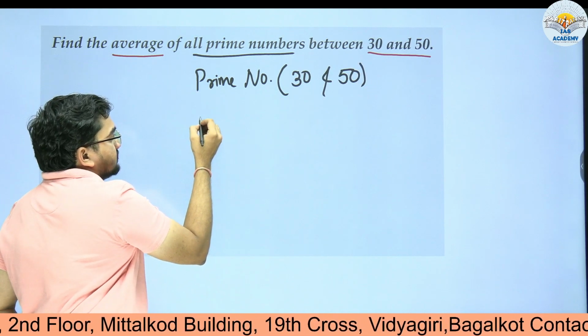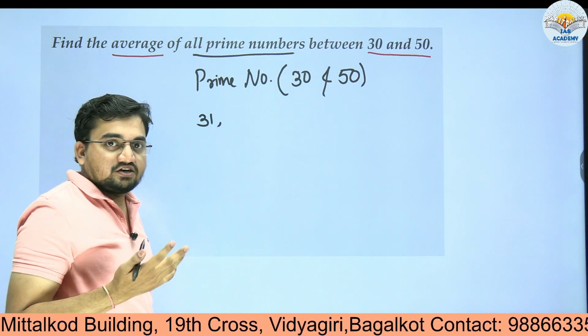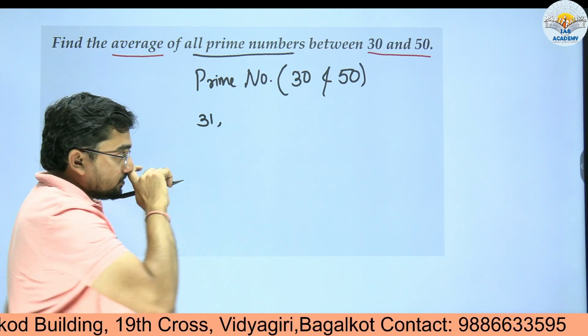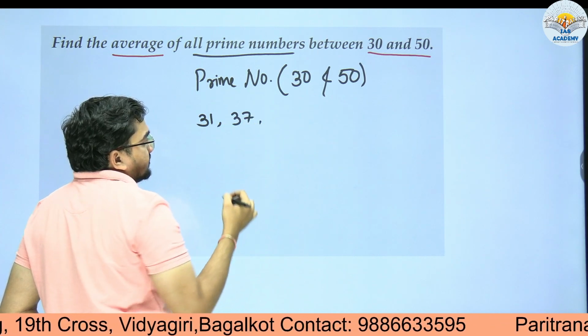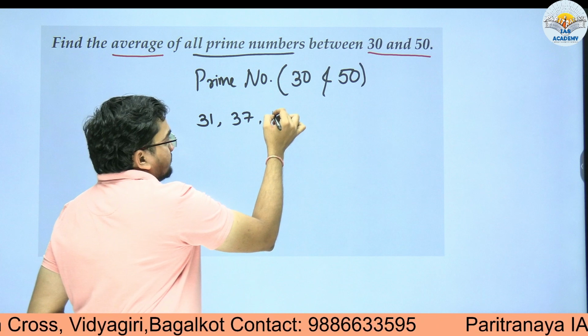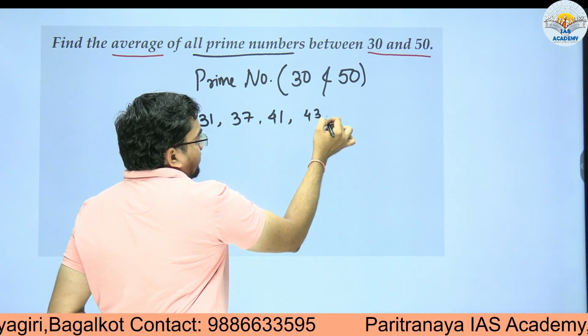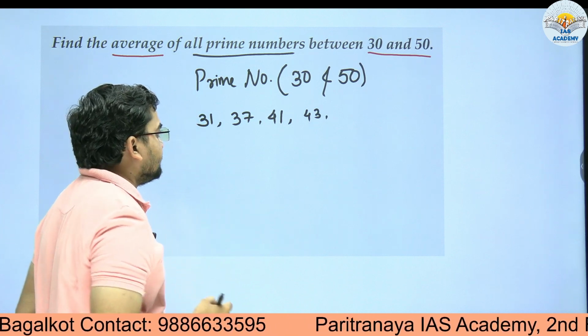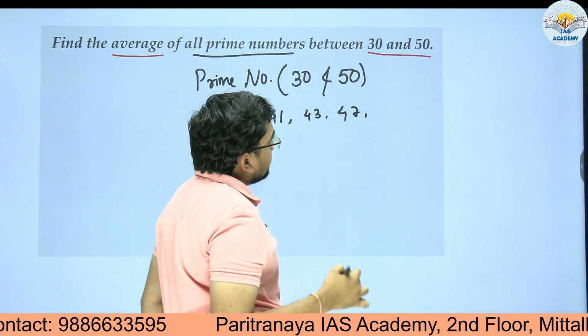So let's start with 31. 32, 33, 34, 35, 36. Now 37. 38, 39, 40, 41, 42, 43, 44, 45, 46, 47, 48, 49 and 50.